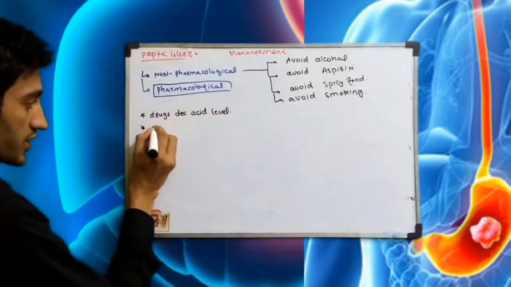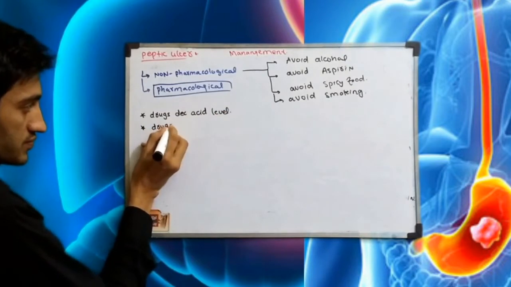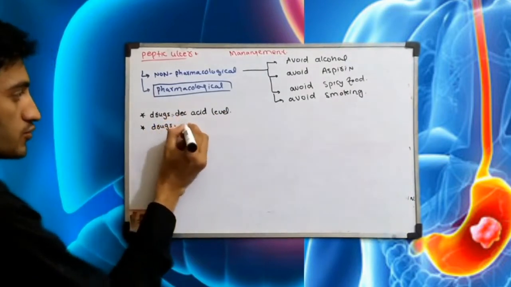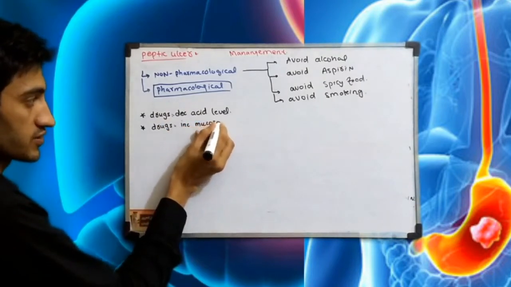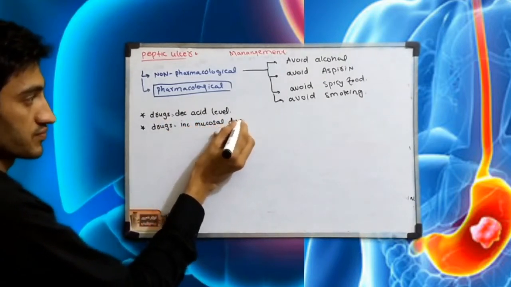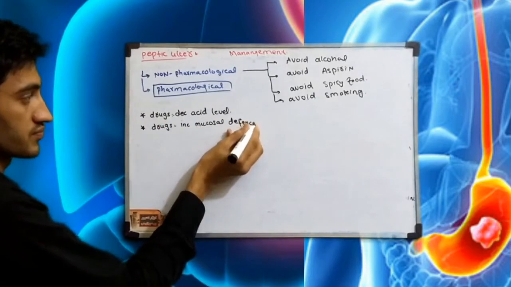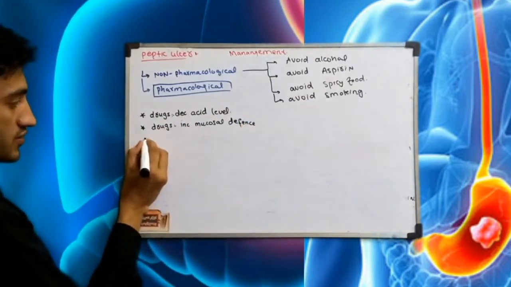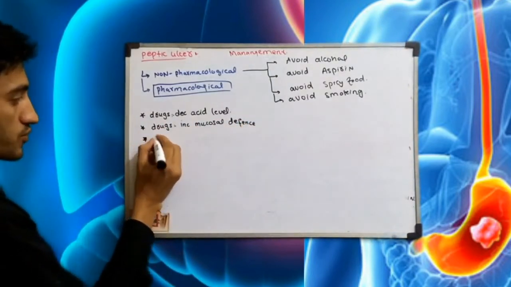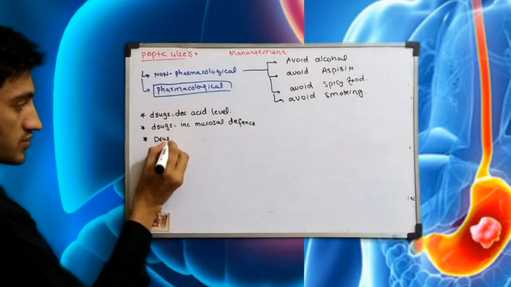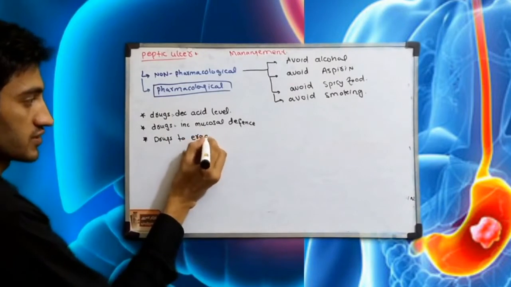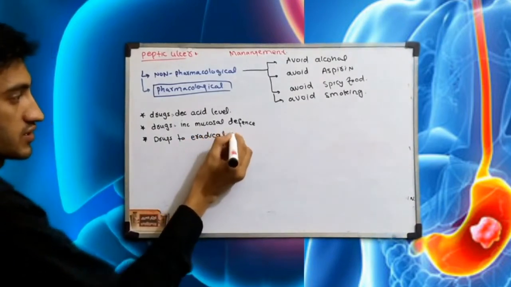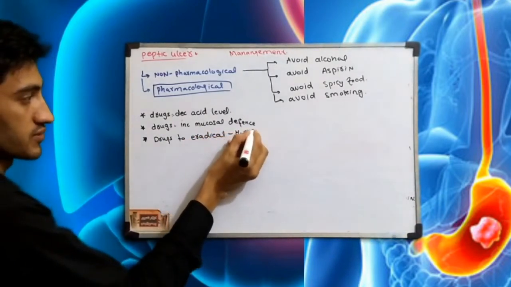Another group, drugs which increase the mucosal defense. And the third group, drugs to remove or eradicate H. pylori.